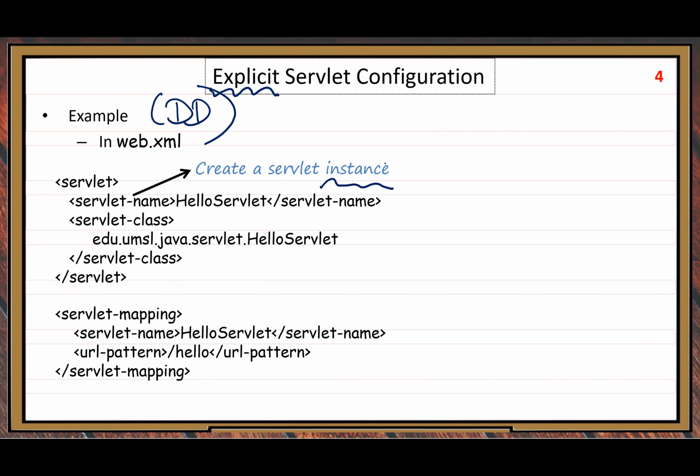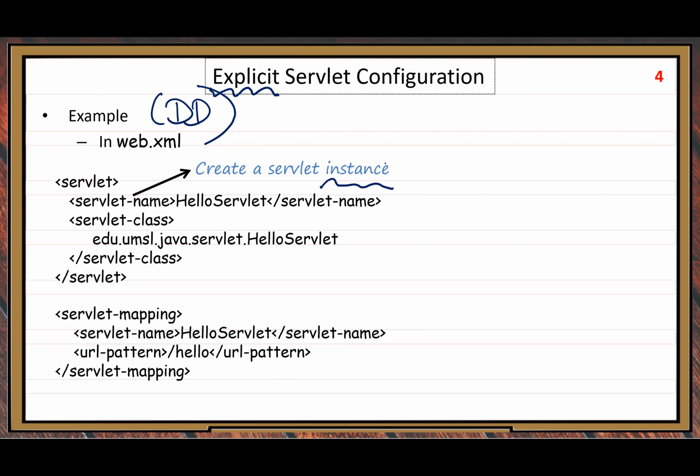Because the servlet name is the identification of the servlet instance. It is unique within one Java web application. We use the name to identify that servlet instance, because if I have a second servlet instance, I need to give it a different name, right? Unique.